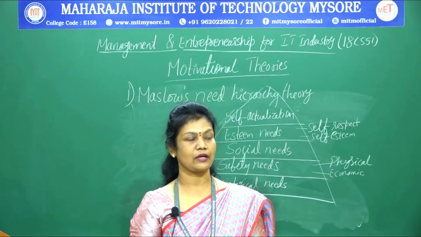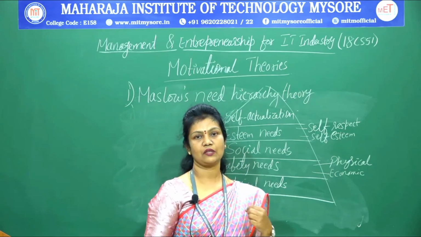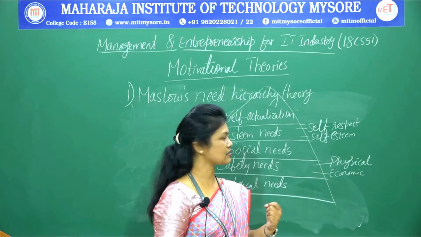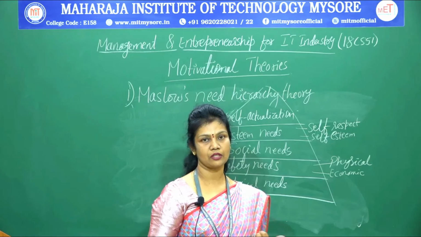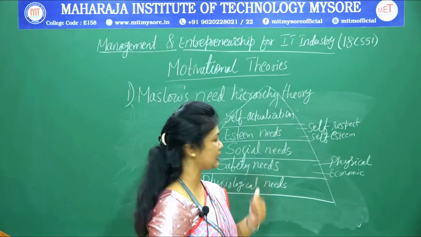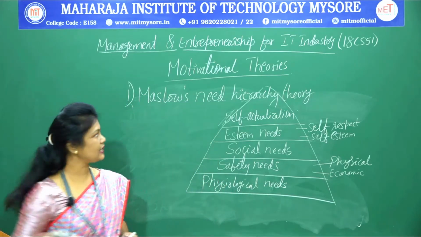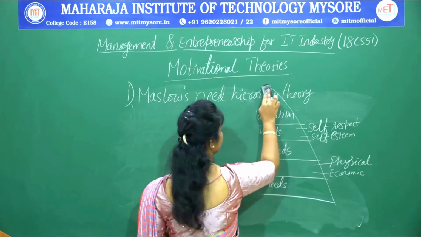Then it is going to help them recognize in what good way they are. So their personal growth is going to help them have a look into their own ability, right. This is all about Maslow's need hierarchy theory. Let us move on to the next one.